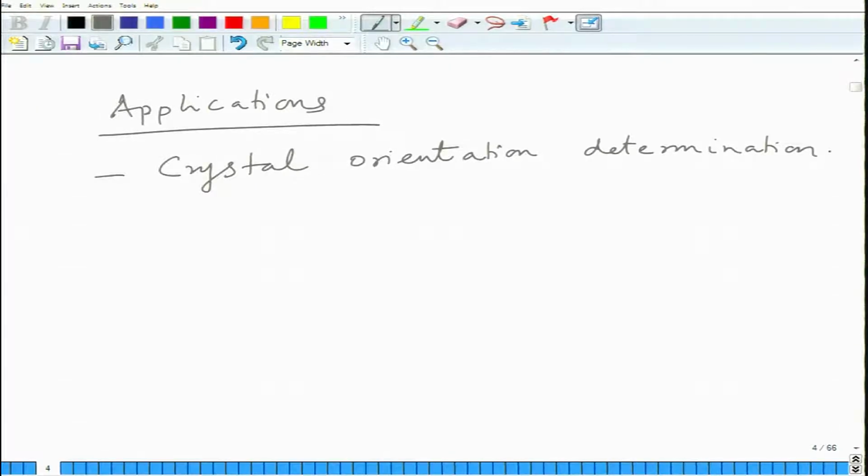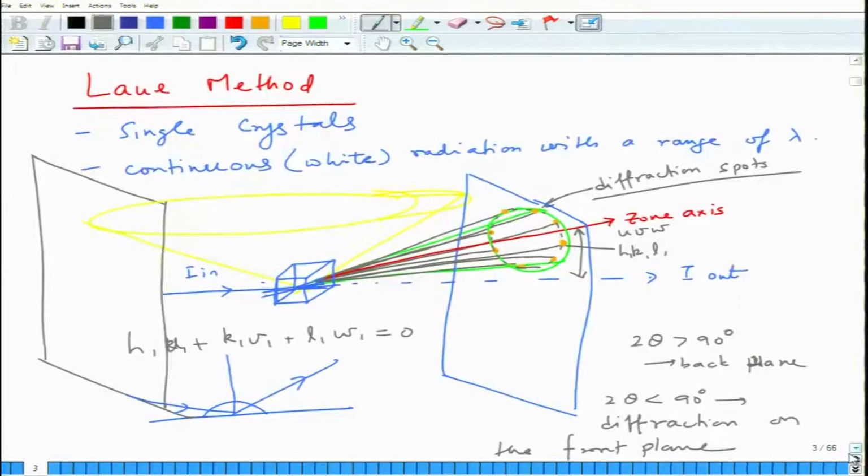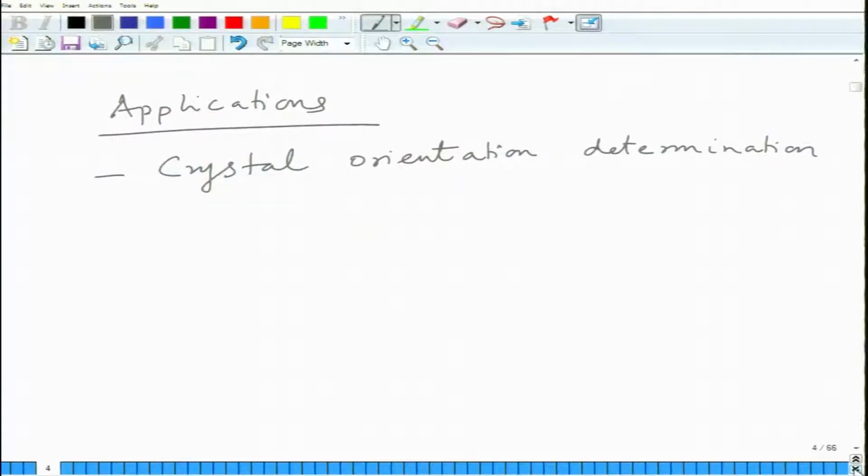If you want to get into details of it, I would suggest that you go through Principles of X-ray Diffraction by B.D. Cullity. It is a very good book for beginners. So it is useful for crystal orientation determination.